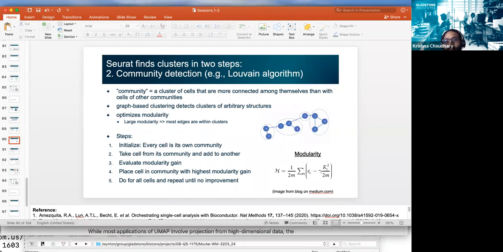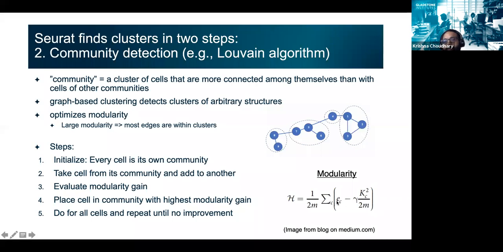what we are trying to do this time is maximize a function, where the function is basically looking at the number of edges within a community. So this EC is the number of edges within a community, and this KC squared by 2m is the expected level of edges by chance.